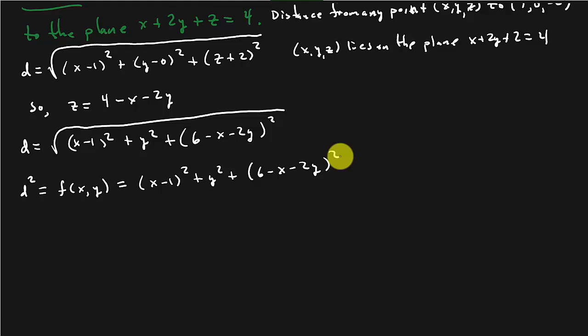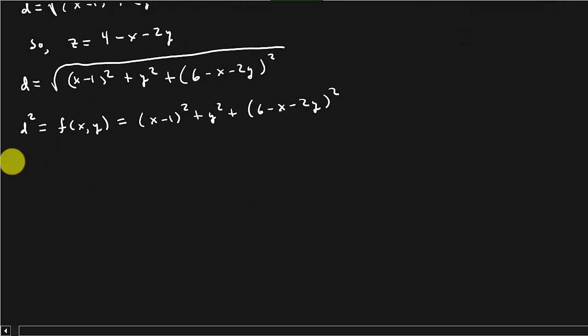So now we need the partial with respect to x and the partial with respect to y. All right, so we've got the partial with respect to x. So this is chain rule. That's going to be 2 times (x minus 1), subtract 1 from the exponent, times the derivative of what's inside the parentheses, which is just 1. The derivative of this is 0.